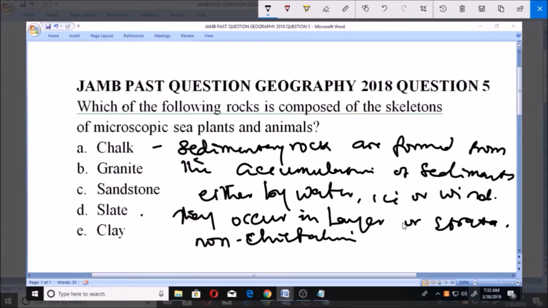Sedimentary rocks are either mechanically formed or organically formed.